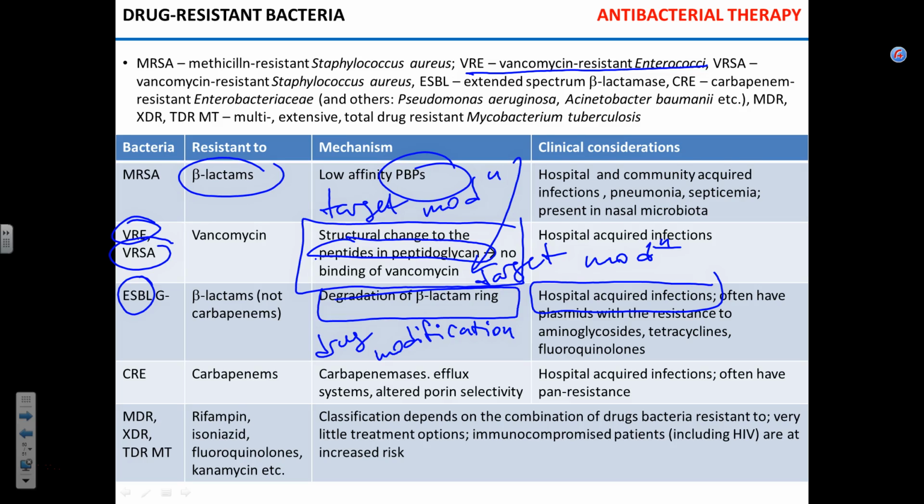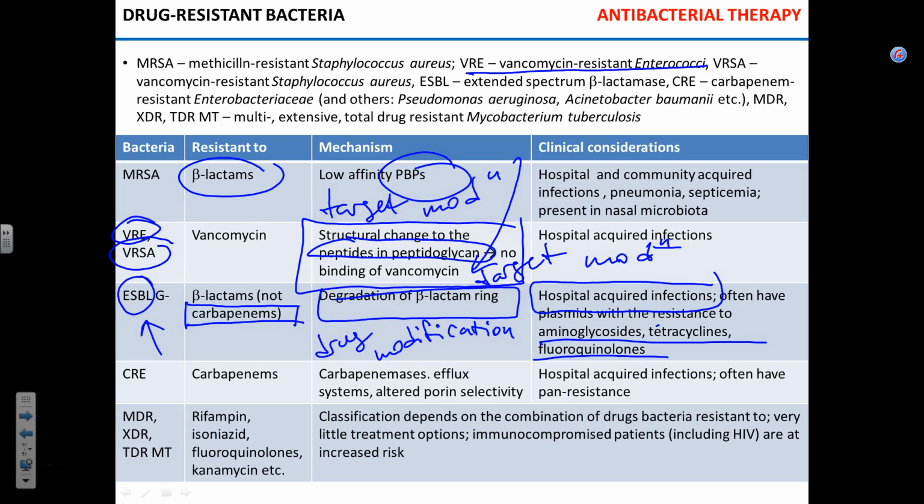We good? Now, these infections can also carry some plasmids with resistance to other antibiotics, like aminoglycosides or fluoroquinolones or tetracyclines, these microbes are still sensitive, can be treated by carbapenems.